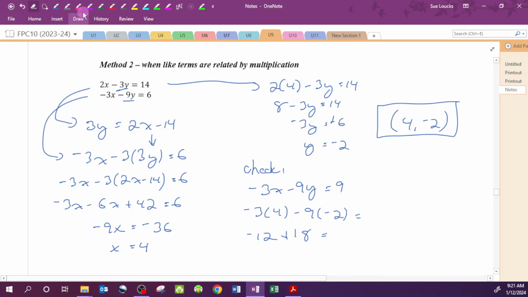I made a mistake there. That should have been 6. 6 equals 6, yes. Okay, so I'm happy with my answer.